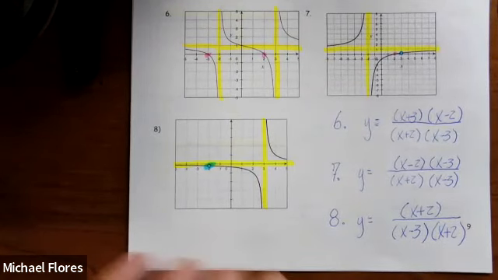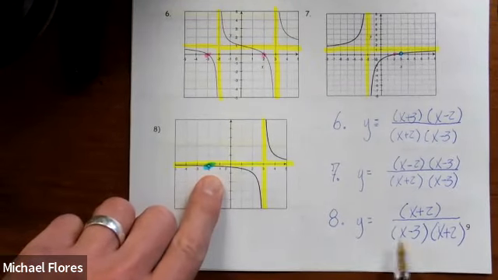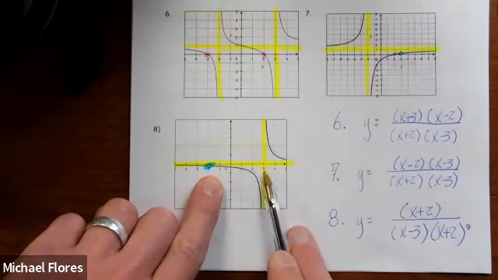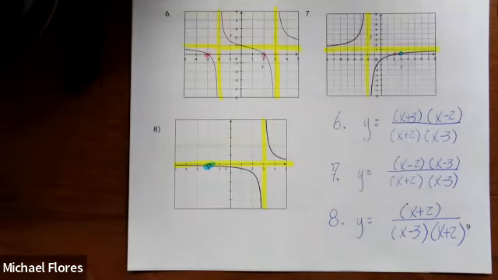That's the answer. The hole is at -2, so therefore we must have x plus 2 on top and bottom. Vertical asymptote was at positive 3, so we must have x minus 3 in the bottom portion.